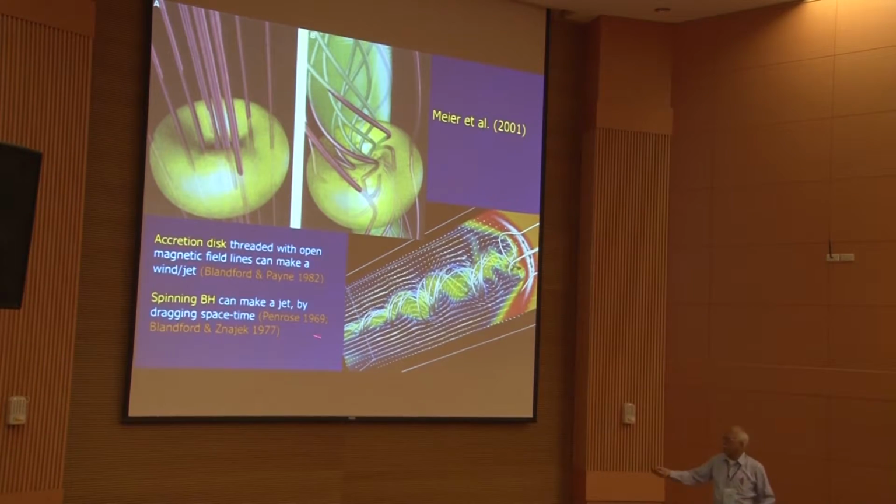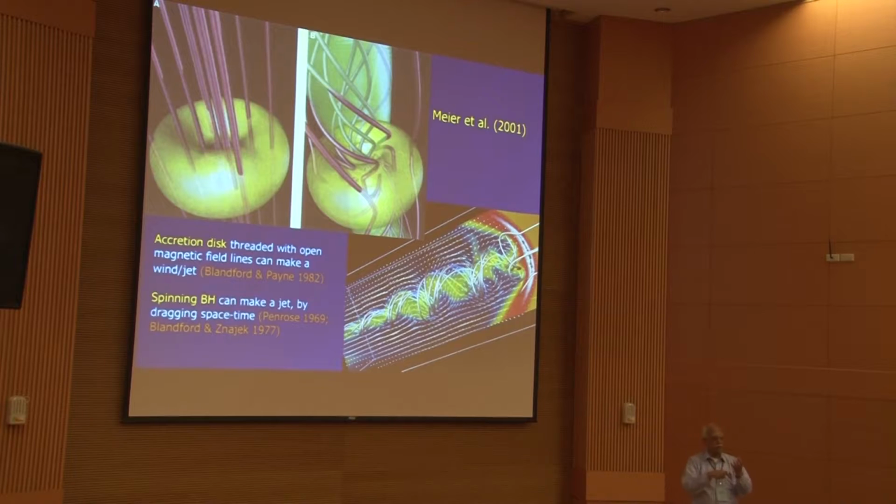And there's some beautiful, fundamental work going back first to Penrose, who showed that spinning black holes are a source of energy, and you can remove energy from there. And then the famous Blandford and Znajek paper, 1977, which showed actually how it can be done in a real astrophysical system.